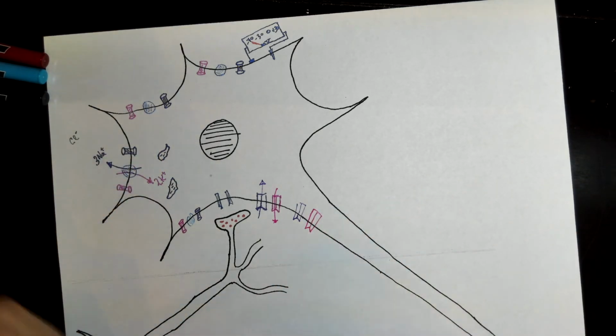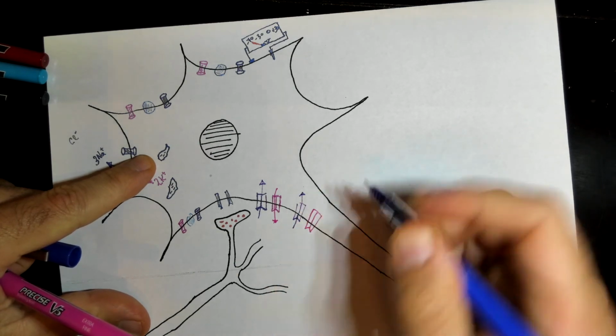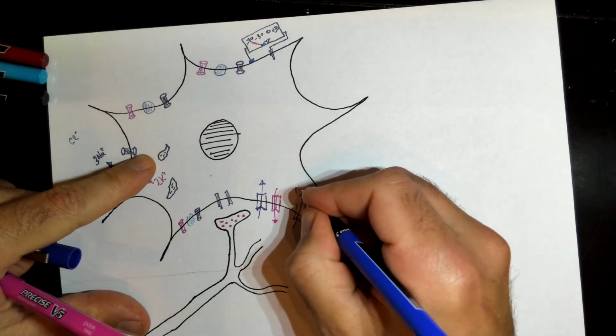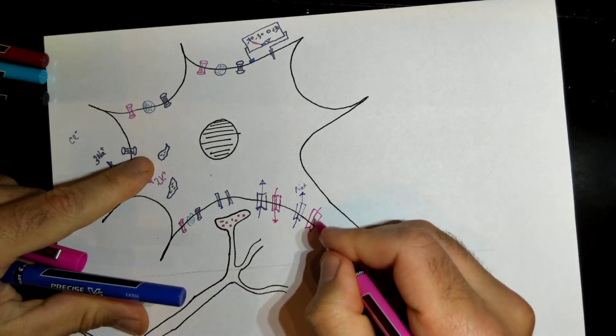Like a domino effect, you would have the signal that moves towards the next section of these channels, where sodium comes in and potassium goes out.